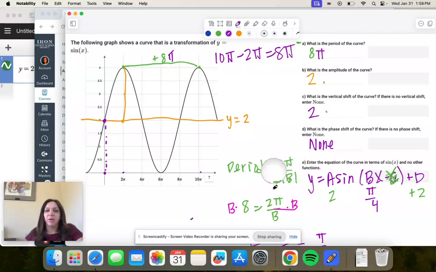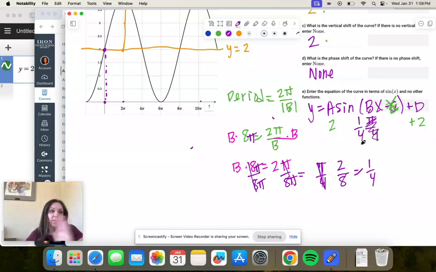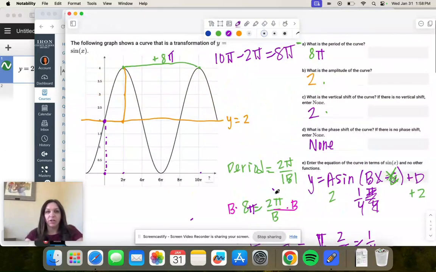So right here, when I'm solving, that should have been 8 pi. The pi's cancel out. Then I'm left with 2 over 8, or just 1/4. So b is 1/4. I added in the pi because I didn't have it initially in the period.